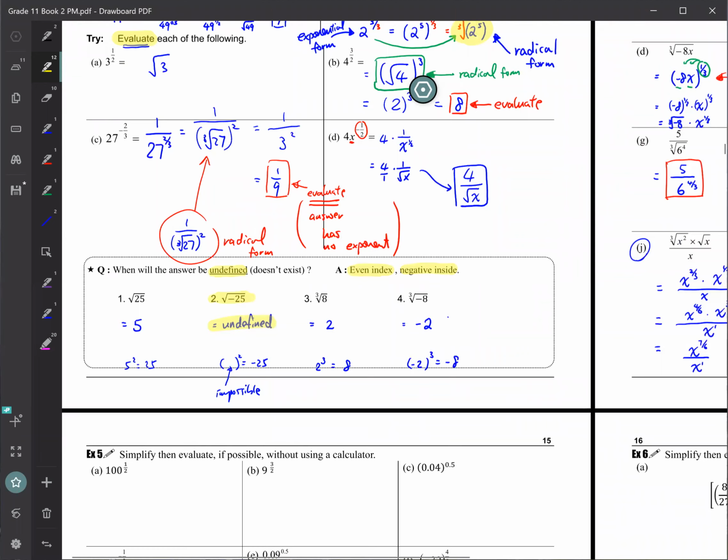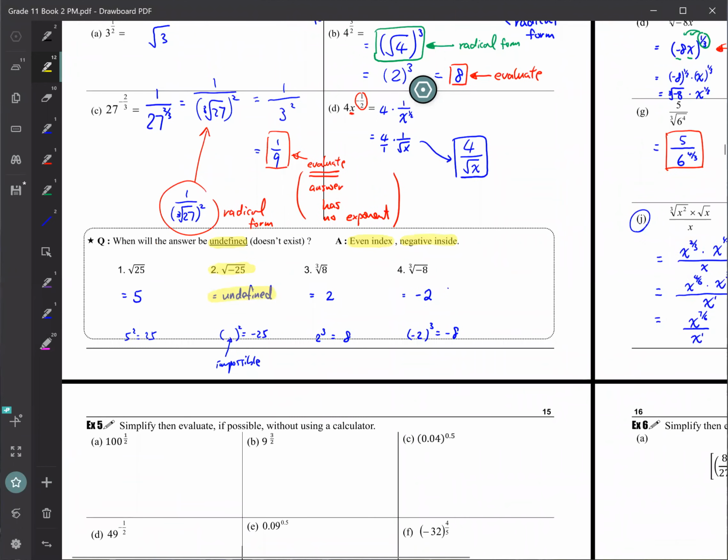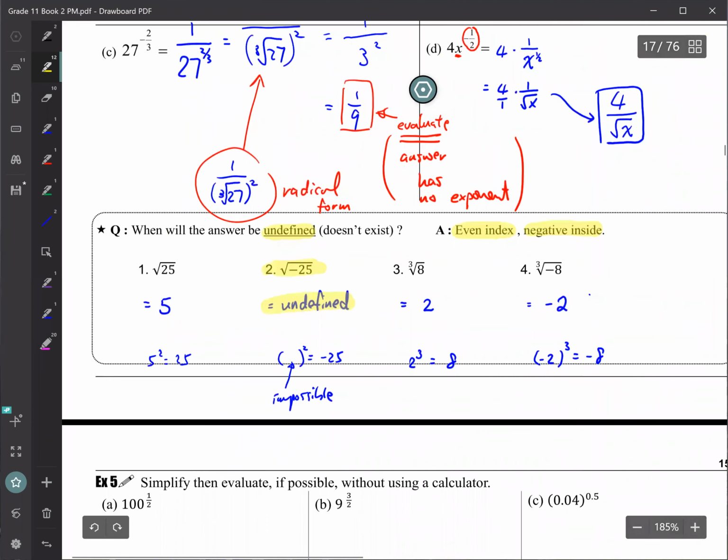So just remember, only for square root, fourth root, the even numbers, if the inside is negative, you just say undefined, okay? So you can either write the word undefined or you can write a 0 with a slash, a diagonal line. That just means it's empty. There's no number. It's not 0, okay?